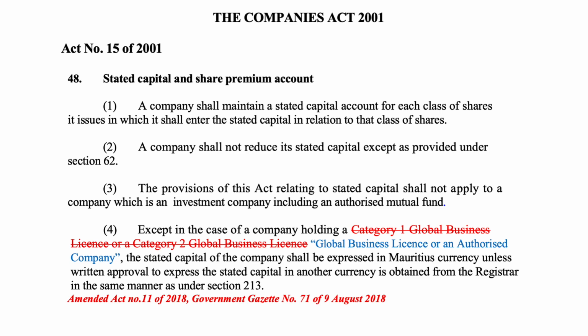However, if written approval to express the stated capital in another currency is obtained from the Mauritius Registrar of Companies, it can be expressed in that currency, following the same procedure as outlined in Section 213.